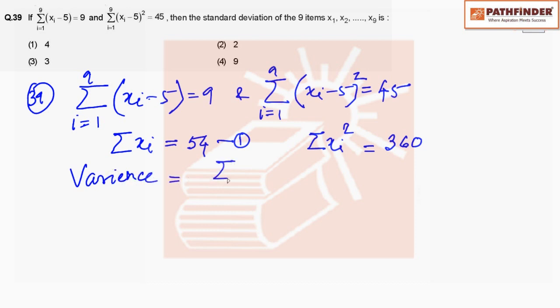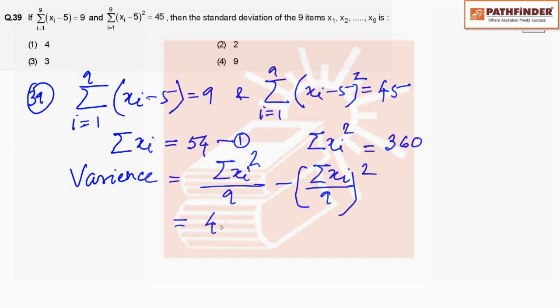Variance is summation of xi square by 9 minus summation of xi by 9 whole square, because the frequency is 9, from x1 to x9. So that means it will be 40 minus 36, which is 4.